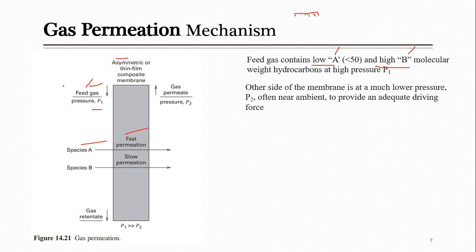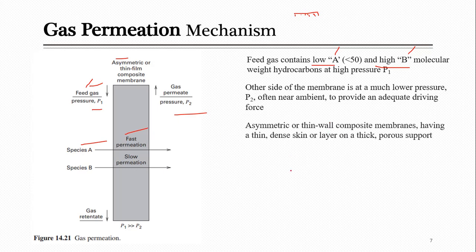It can vary from 10 atmospheres to 150 atmospheres. On the other side it is only 1 atmosphere, so there is a huge driving force. And in the last slide we also talked about this, that if there is a high pressure difference, there will be a high driving force for the passage of these components through the membrane.